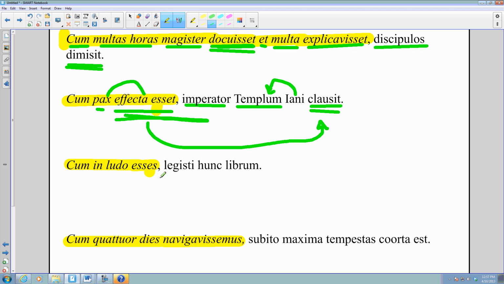Over here, I'm going to leave that cum clause alone. The next one, I'm going to leave the cum clause alone for right now. I'm going to get to the main verb, the main clause. I get isti here. It tells me that it's going to be in the perfect tense. You read, and then I have hic modifying librum. You read this book. This is perfect. This right here is not.